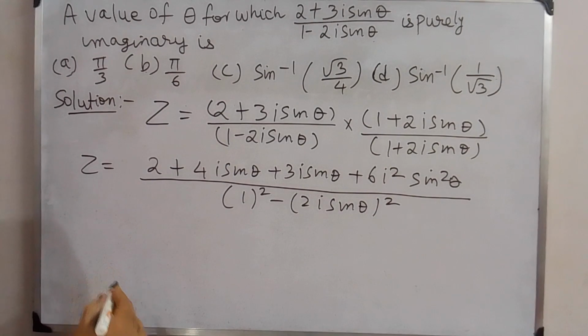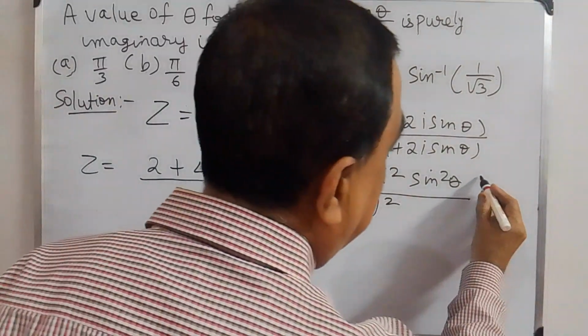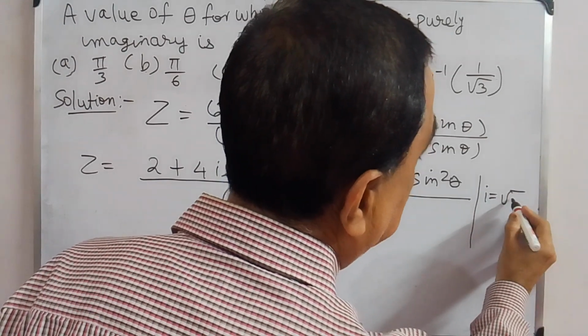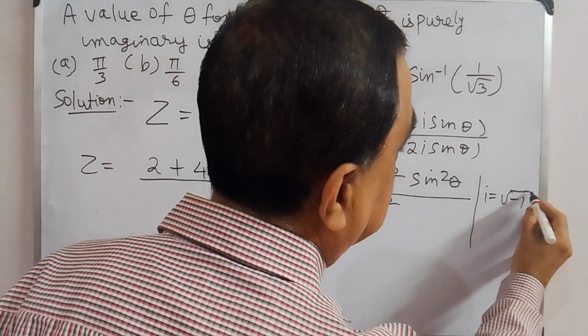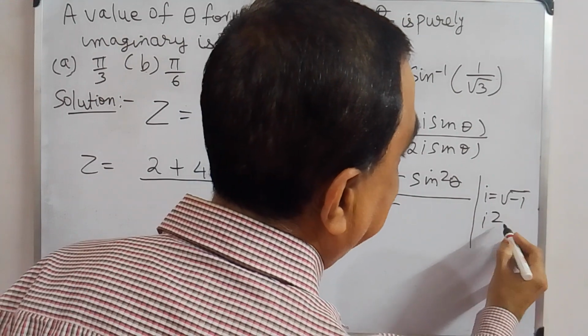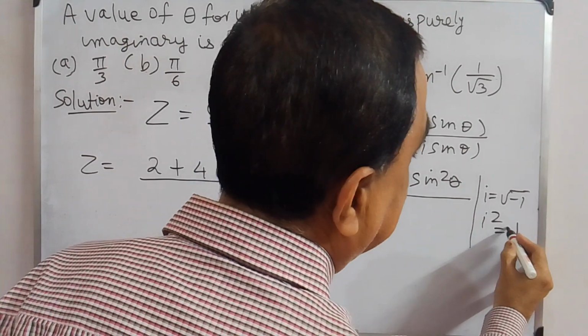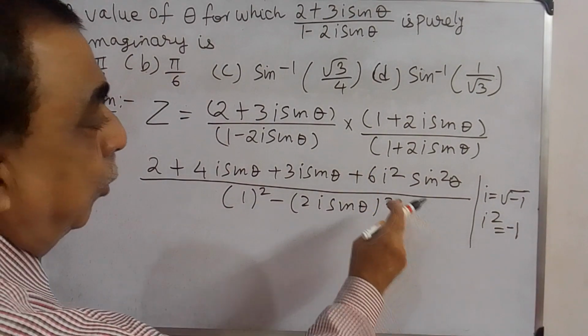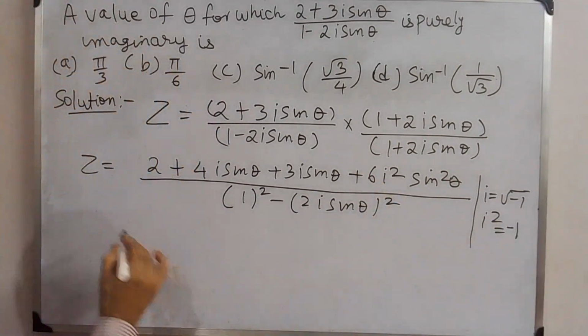Now see here, what do we know? i value is equal to square root of minus 1, so i squared will be minus 1. So here substitute for i squared the value minus 1.